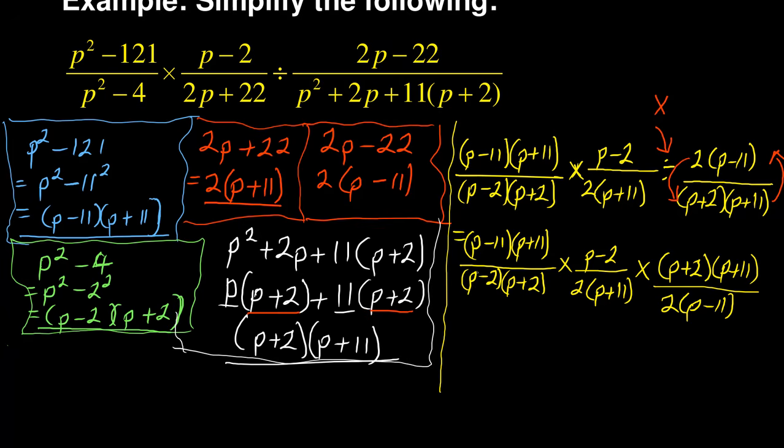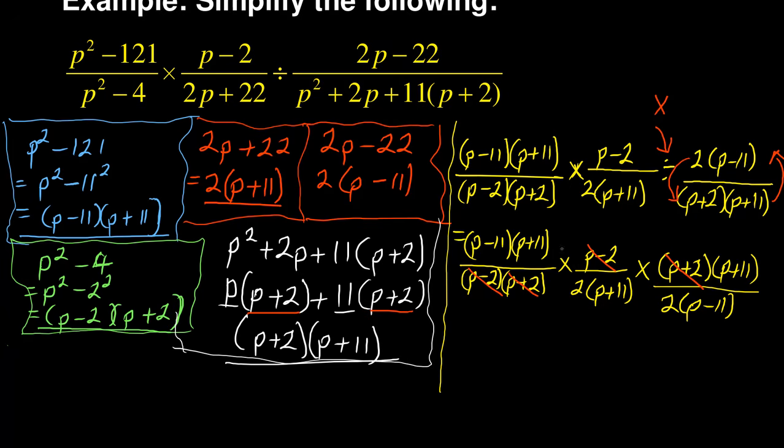Now look at this. The first part is I've got p minus 2 with p minus 2, and then I have p plus 2 with the other p plus 2.